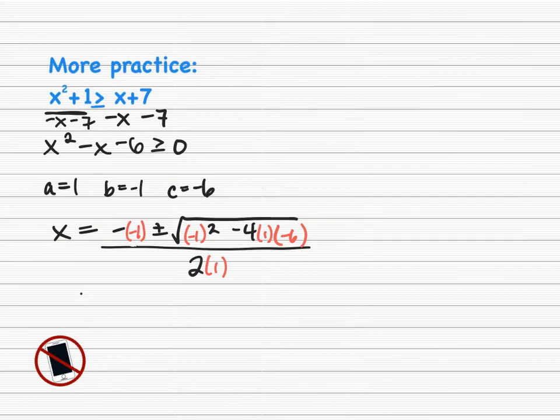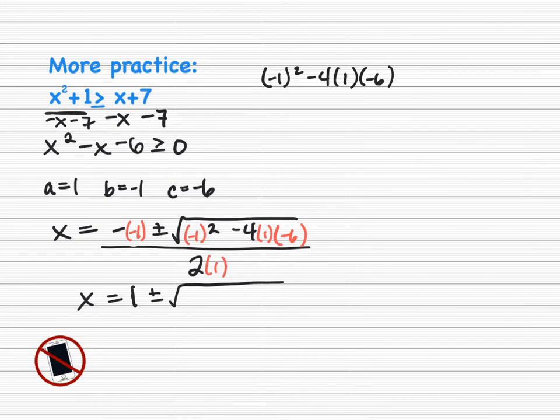Then I'm going to evaluate everything. So I have x equals a double negative -1 here is going to give me +1, plus or minus square root. I'm going to take this entire part under here. Normally I just pop it into the calculator, but I'm going to show you how that's evaluated. So -1 squared minus 4 times 1 times -6.